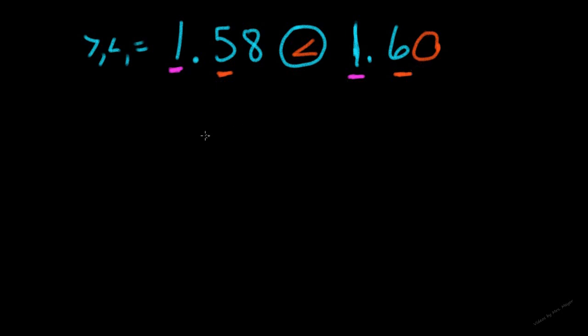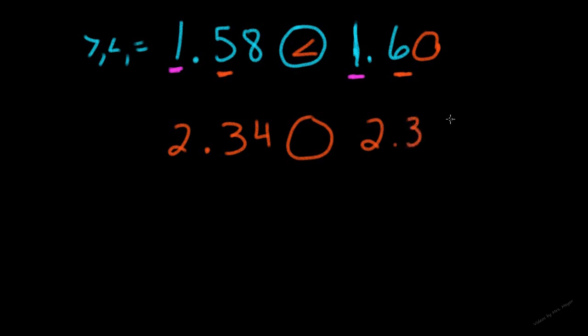And so if we did another one, if we did 2.34, and we'll compare that to 2.39. Let's compare these two. Okay, so in this situation, again, we go to the largest place, which would be the ones place. Here's the ones, here's the ones. So we see they're both a 2.